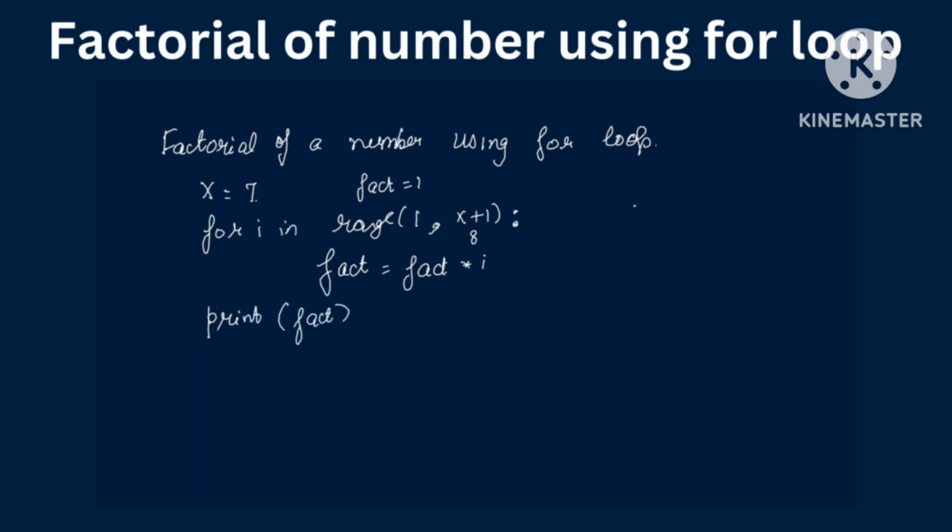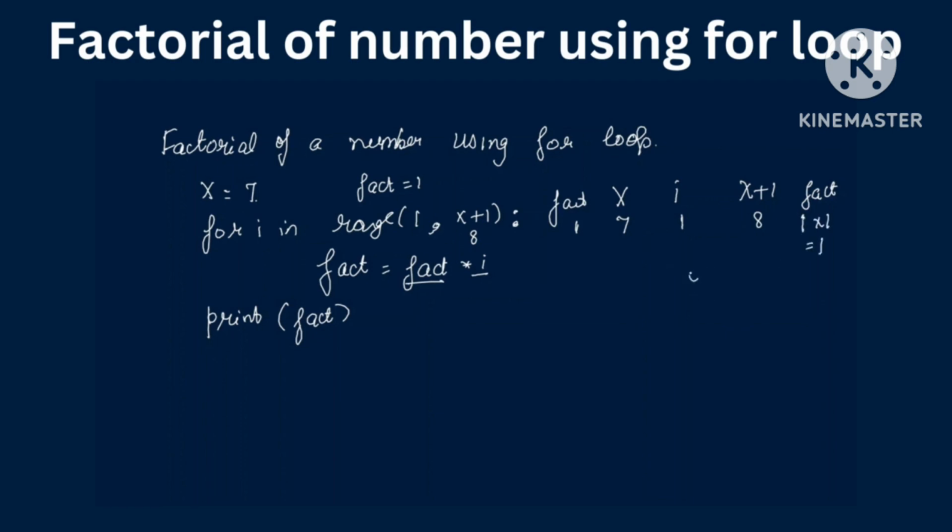Now we will trace the program. If x value is 7, i value starting will be 1, x plus 1 is 8, fact is equal to fact multiply i, means 1 multiply 1, that is 1. Initially fact we are taking as 1. We cannot take 0. 1 into 1, 1.